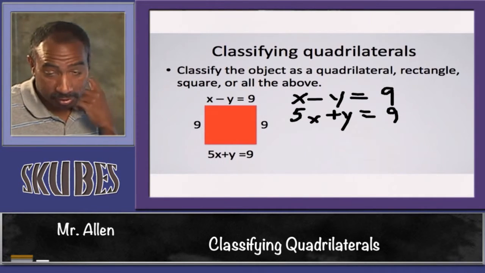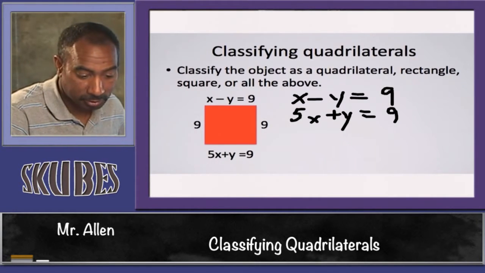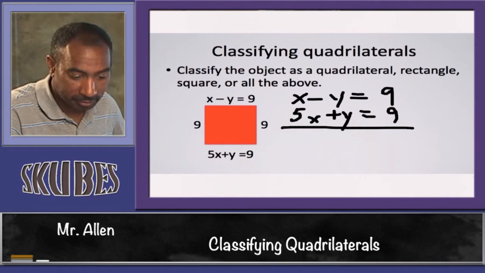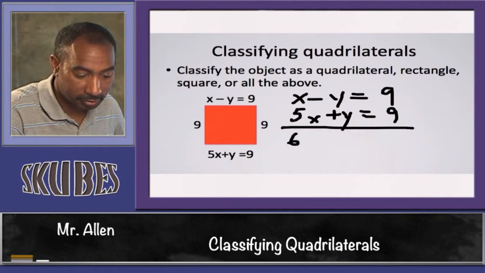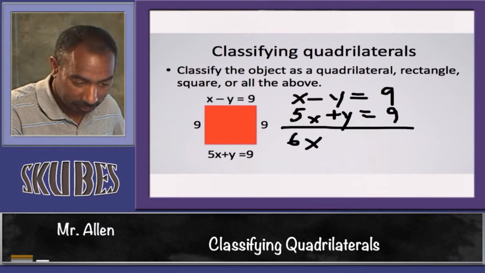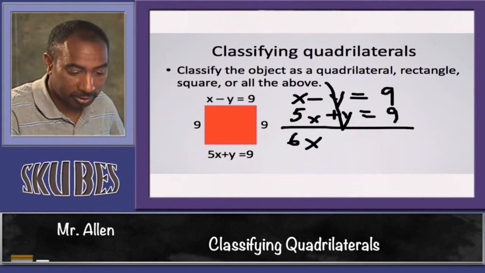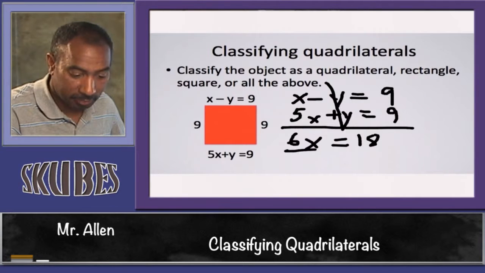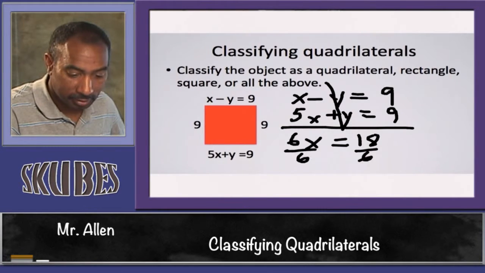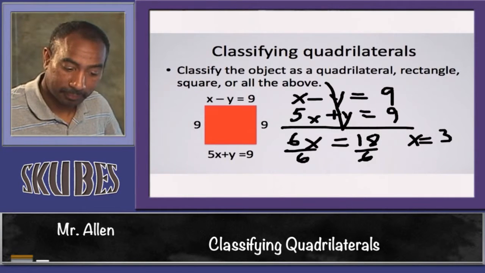And we can solve this, right? You can use elimination. If I add these two equations together, I get 6x. That eliminates the y, because that's negative y plus y, equals 18. Divide both sides by 6, and I get x equals 3.